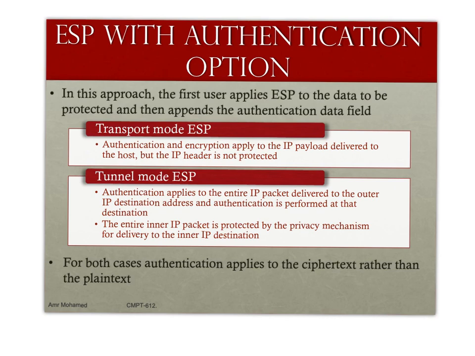And the type of traffic is totally hidden from that tunnel. So the entire inner IP packet is protected by the privacy mechanism for delivery. For both cases, authentication applies to the ciphertext rather than the plaintext. Although here the book, we'll see, talks about the fact that if you do the authentication first, it's better. But in fact, it doesn't make a significant difference anyway.